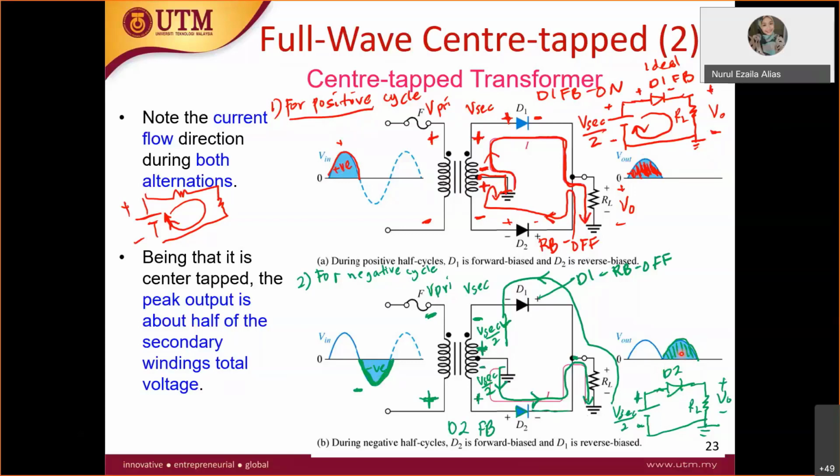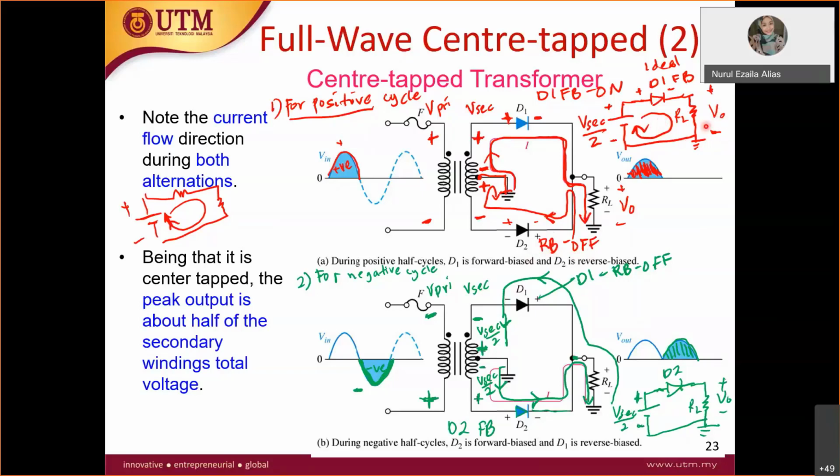So it has two options, either D1 or D2, and it will choose either way. Usually the circuit is fixed like this. You can just apply one loop here, and if D1 is forward biased, you know the other diode D2 will be off. So you state that D2 is off, draw the equivalent circuit, and write down the KVL, and then you get the V out value.